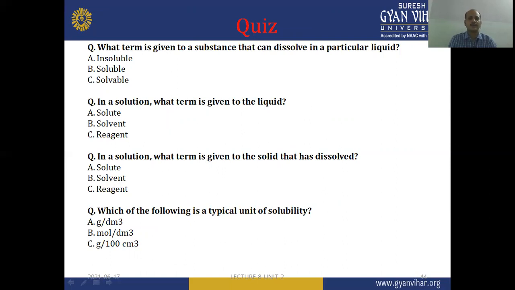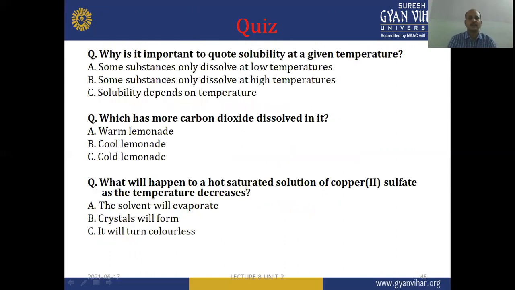The third question: in a solution, what term is given to the solid that is dissolved? Options are solute, solvent, and reagent. Next: which of the following is a typical unit of solubility? A is gram per dm cube, mole per dm cube, and gram per 100 centimeter cube. So you have to give the correct option for this question.